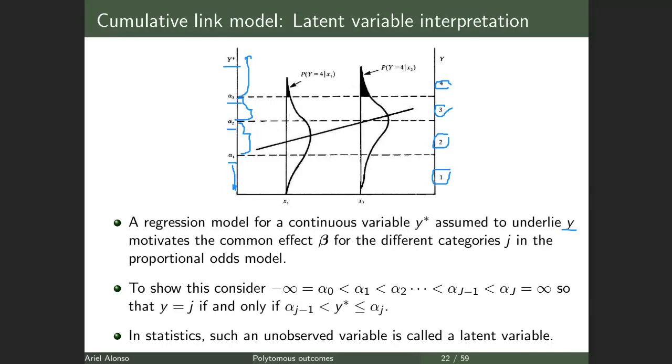I have an ordinal variable, and I'm going to assume that it emanates from a certain continuous variable that I cannot observe, but I can imagine that it's there. I just didn't observe it. And then I categorize that latent response variable to obtain my ordinal variable. Now, again, it's a mathematical device. In some situations I can imagine that there is this latent variable, but it may not be obvious even what it is.